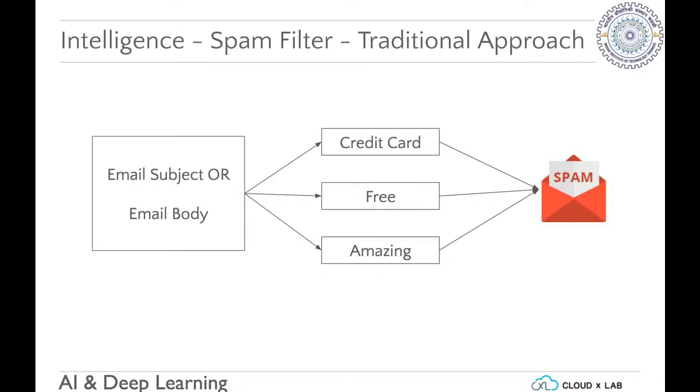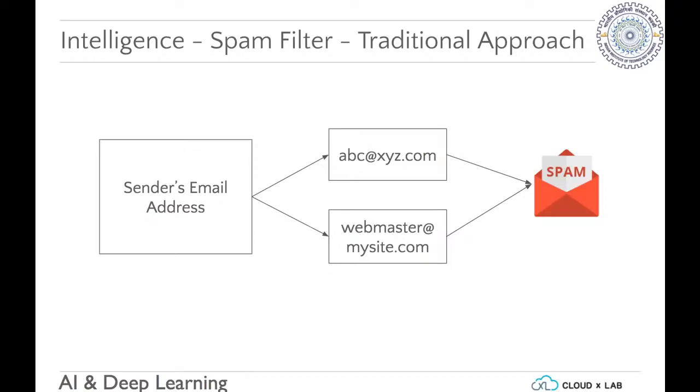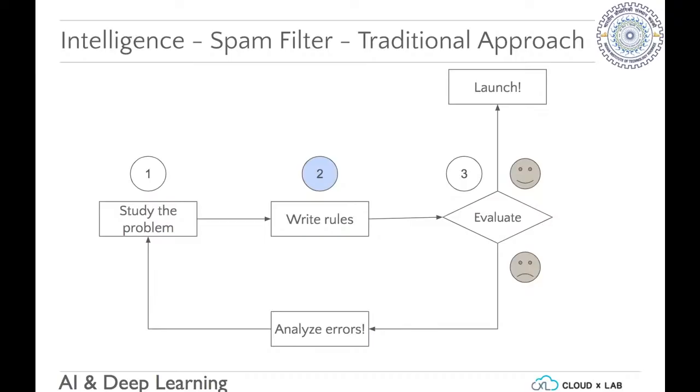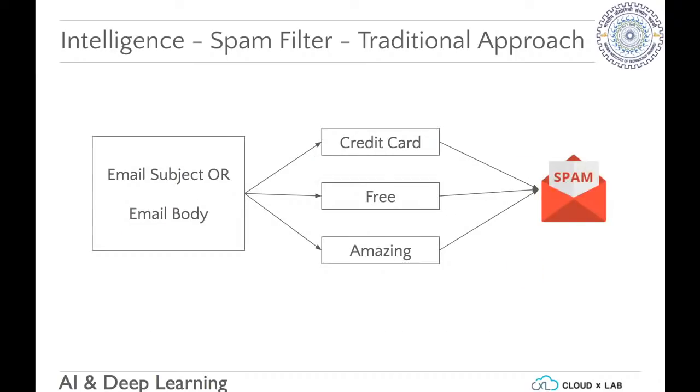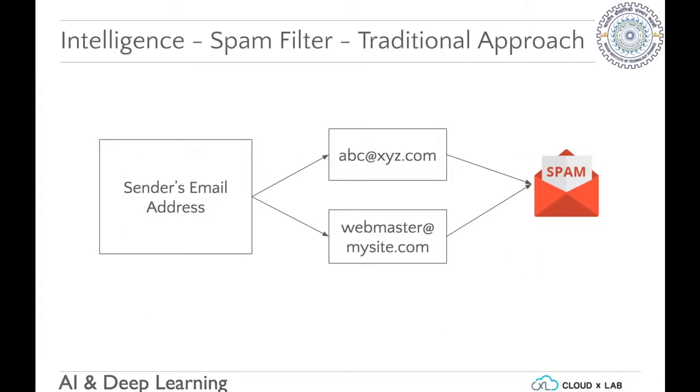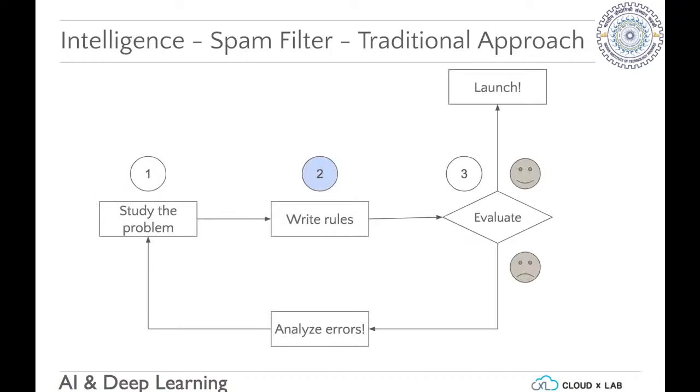Soon enough, they might also come up with other rules, that if the sender's email address is abc at xyz or webmasters at mysite.com, it is likely a spam. When it crosses all of these rules, that means it's not a spam, right?